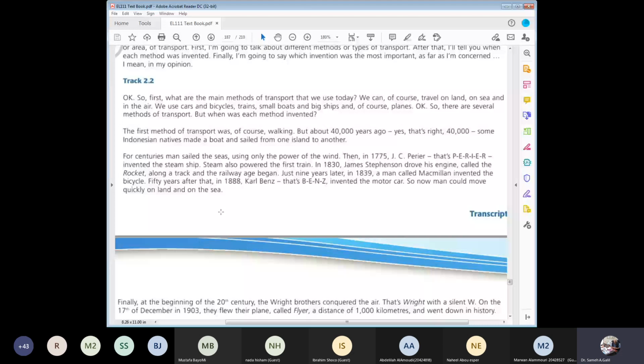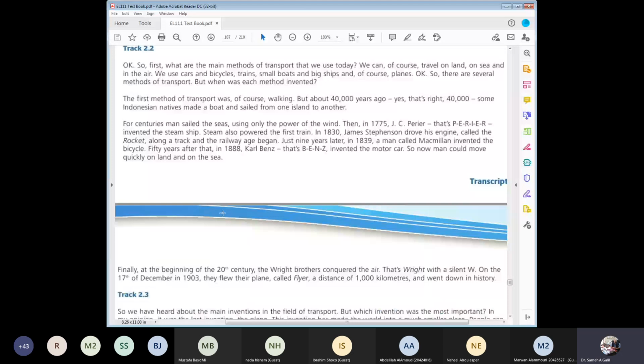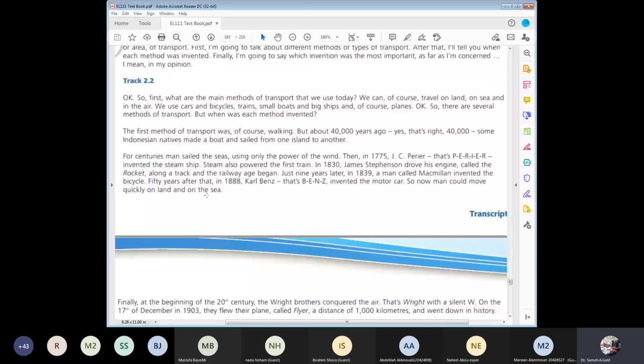You have words like first, and then after, and then you have the word then, and then later. Okay. So these are keywords. They can help you navigate your way smoothly in the passage. Okay.